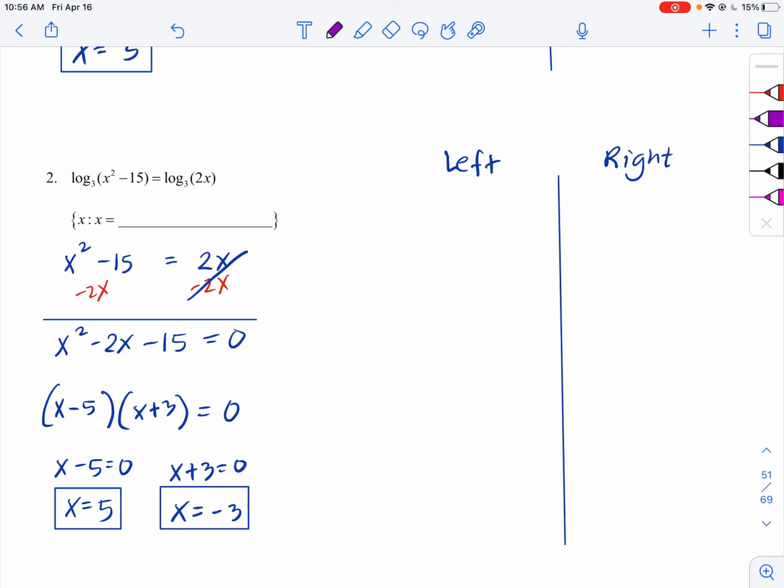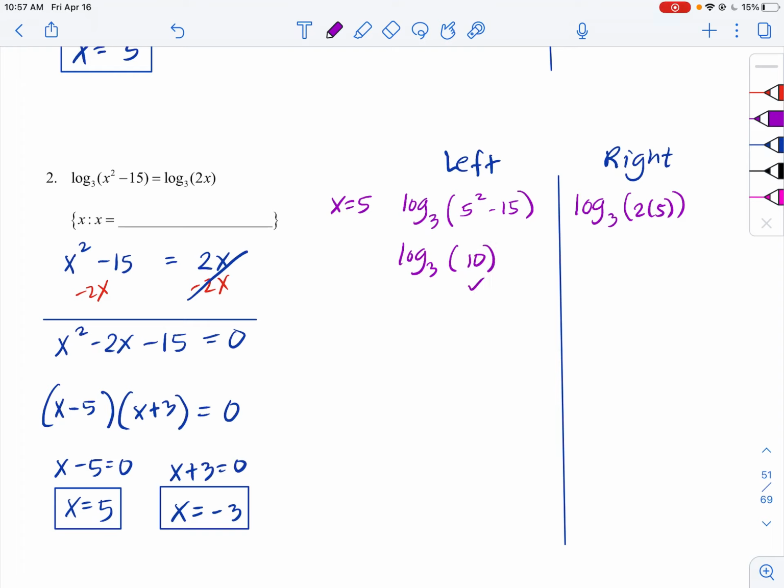Actually, let's change the color for checking. So what do we plug in first? Let's plug in 5. So plug in x equals 5. So log with a base of 3 of 5 squared minus 15, and log base 3 of 2 times 5. 5 squared is 25, and 25 minus 15 is 10.